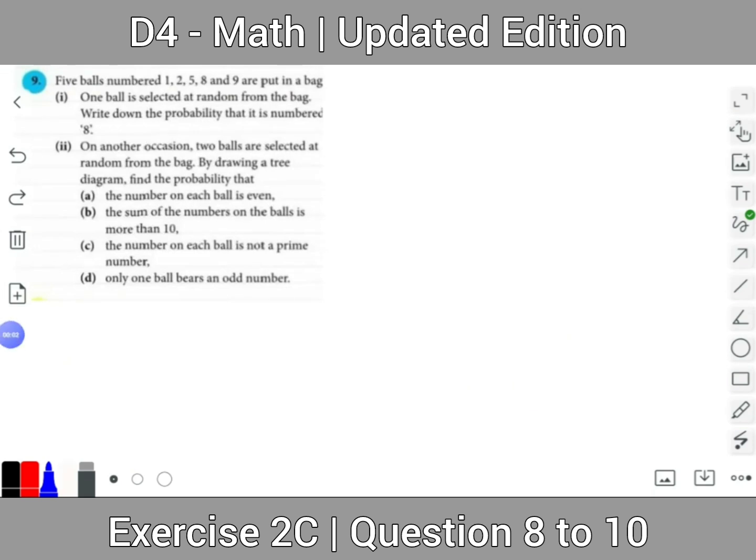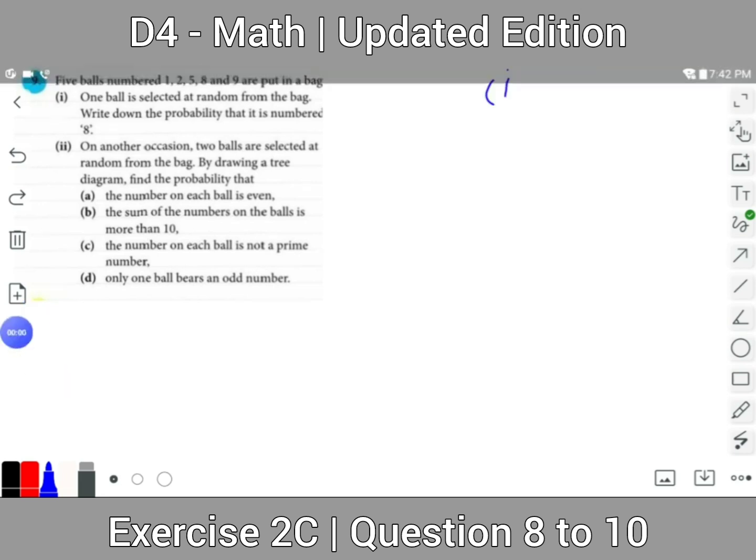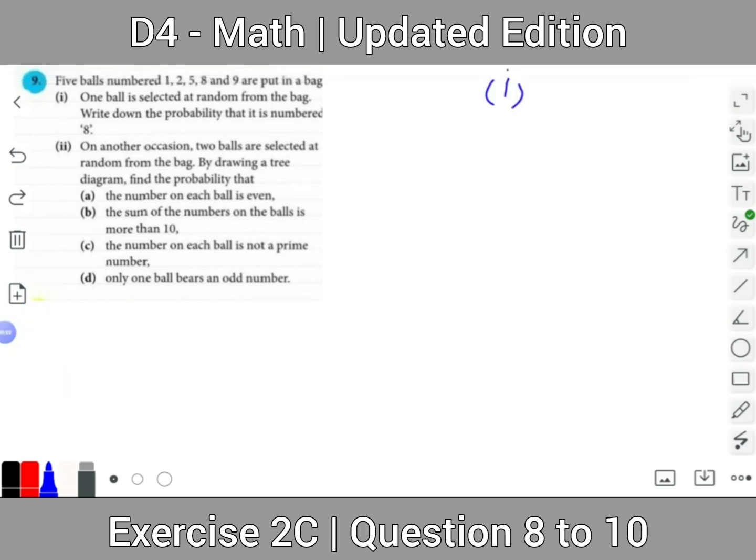Now in question 9, 5 balls numbered 1, 2, 5, 8 and 9 are put in a bag. In part 1, one ball is selected at random from the bag. Write down the probability that it is numbered 8. So now in part 1, we have to find the probability of numbered 8, and that will be equal to number of favorable outcomes divided by number of total outcomes.